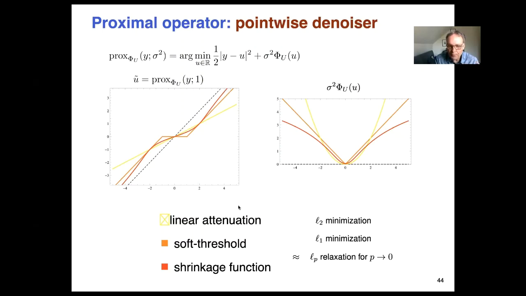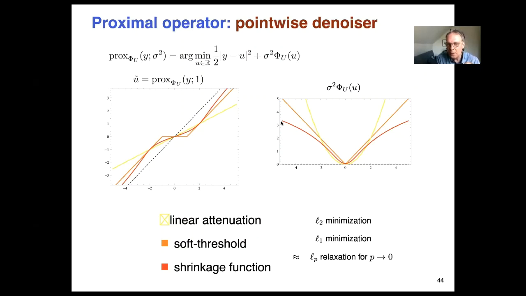And now, depending on the type of regularization, if I put the L2 regularization, it's Wiener, so it's a linear solution. If it's L1, you get this thing, which is a soft threshold that people like a lot in compressed sensing.